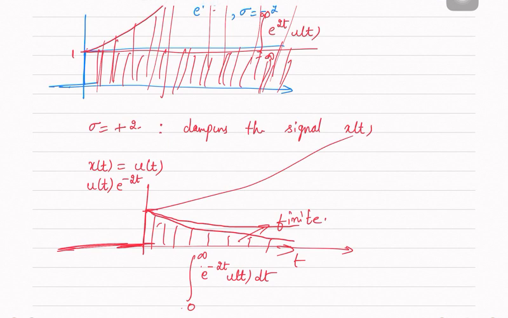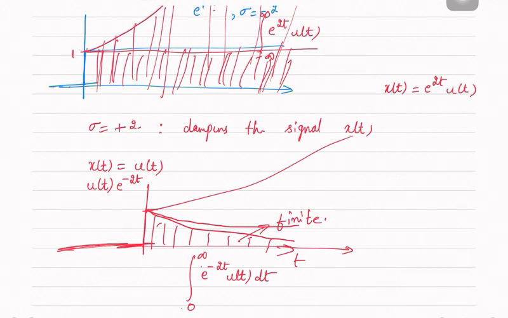Even if the Fourier transform doesn't exist, the Fourier transform for u of t exists, but there are some other functions where the Fourier transform doesn't exist, but you can make the Laplace transform exist. Just as an example, you can take x of t to be equal to e power 2t u of t.